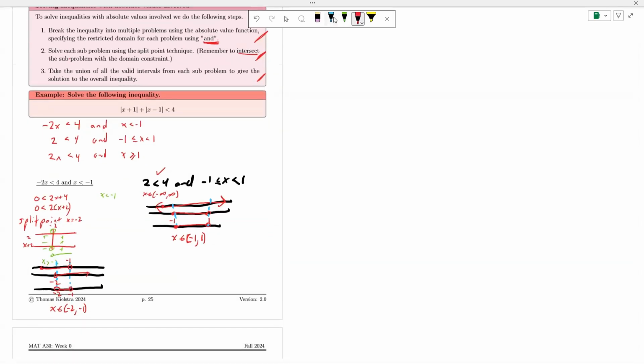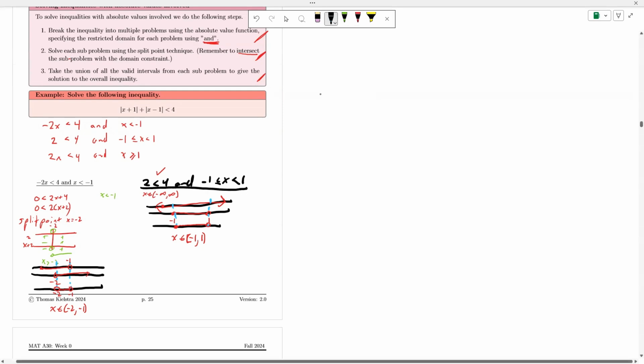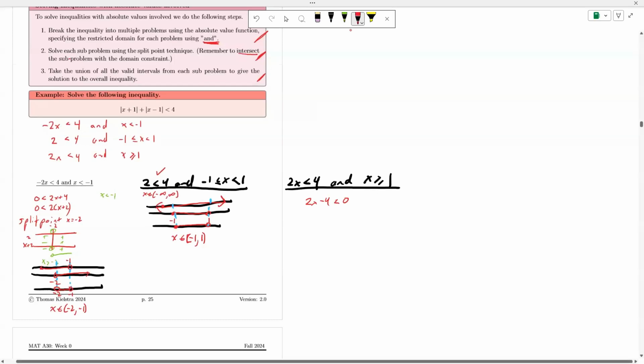And now finally, we're going to look at our third constraint: 2x less than 4 and x greater than or equal to 1. With 2x minus 4, we're going to use our split point technique. Again, you could solve this efficiently, but I'm always going to be doing the split point technique unless it's a given bound. So we get 2x minus 4 is less than 0.